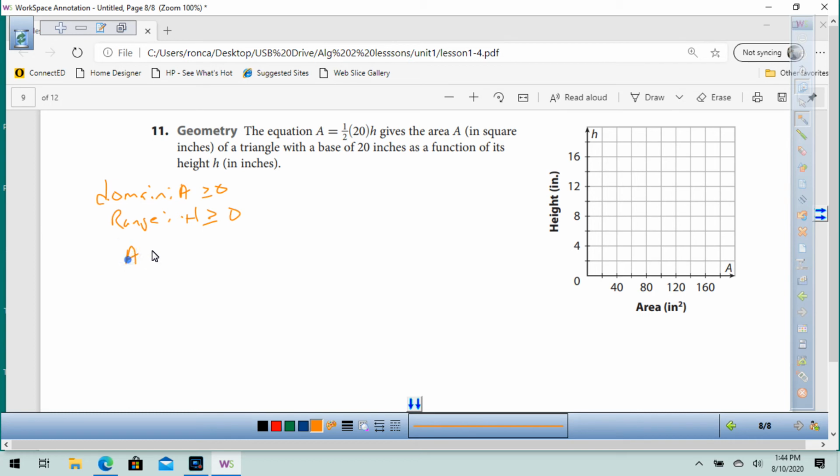We've got A equals 1/2 times 20 times h. So that's going to give you A equals 10h. So A over 10 equals h. So the inverse is going to be h equals A over 10.